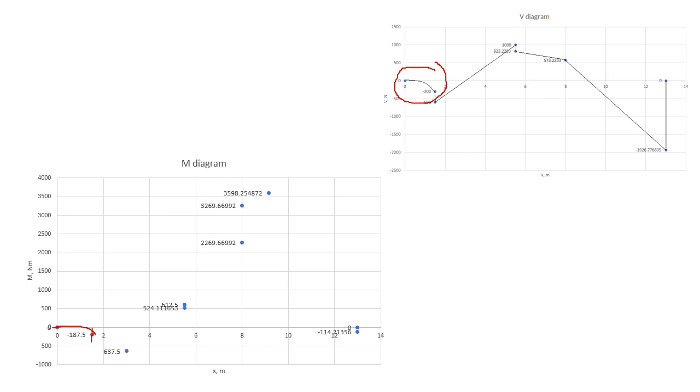And then, the next value that we would have is, well, this is our point of zero shear value, negative 637.5. So from point B here, this is our point B, up to the point of zero shear here, the value is negative.